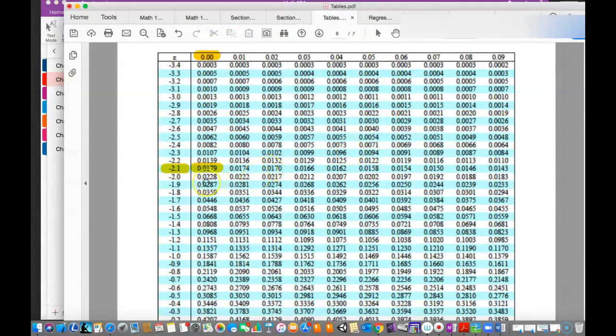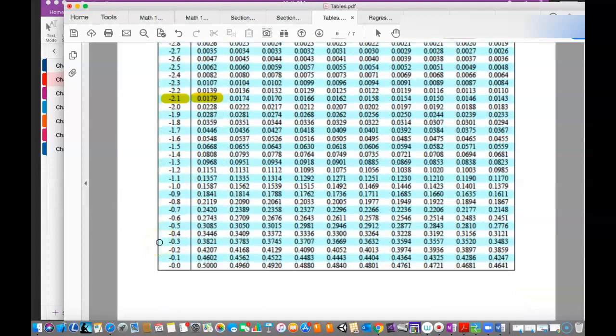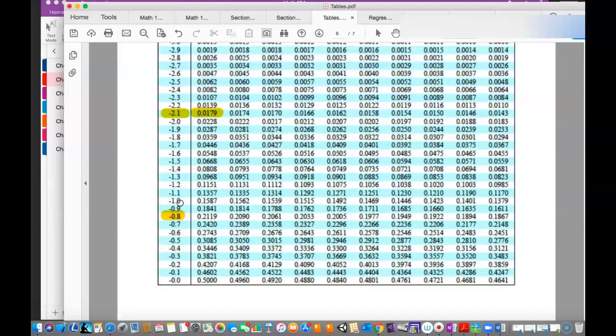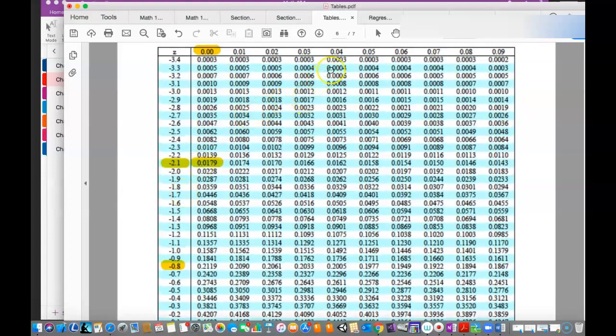Okay, so first negative 0.85. So here is 0.8 and here on top we have 5. Adding these two we have negative 0.85. So the area is 0.1977.